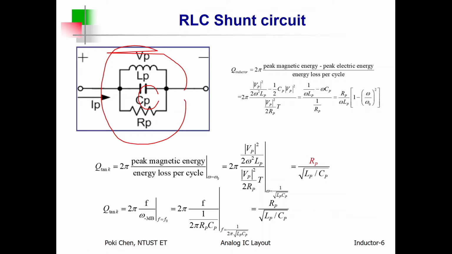But again, for Q factor, do you need to consider both capacitance and resistance or not? Here you can see, never mind CP or not, RP needs to be larger to get larger Q. That's it.